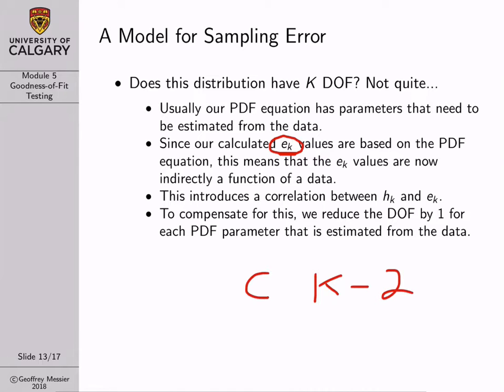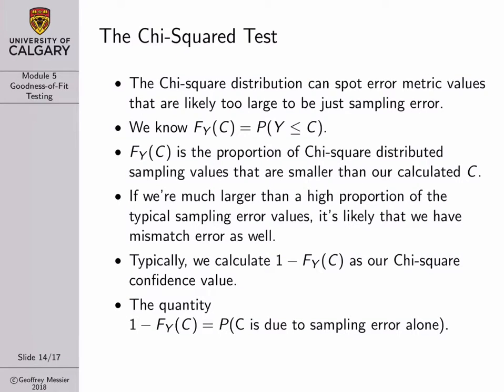So now that we've got a model for the distribution of the sampling error, assuming that we've got a perfect match, and again, remember the chi-squared distribution assumes that we have a perfect match, we can use it to spot calculated values for C that are too big, right? We now have a distribution for the values of C if we've got a perfect match and we've only got sampling error.